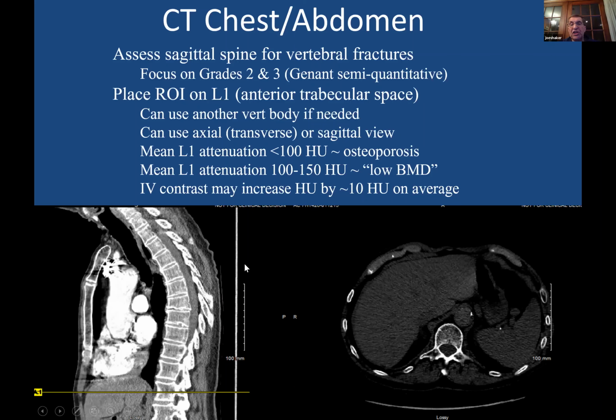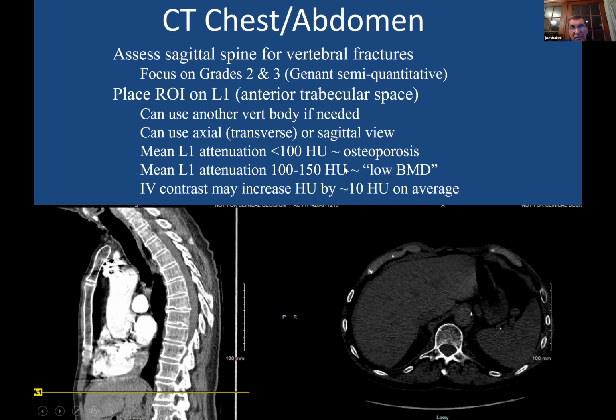And the other thing you can do is put these next to each other and get, typically we use L1, but you can use another vertebral body close to that if needed, like a lower thoracic body, or if L1's compressed or something, you can use L2. And you can put your cursor over and put a little elliptical area and look at the Hounsfield units.